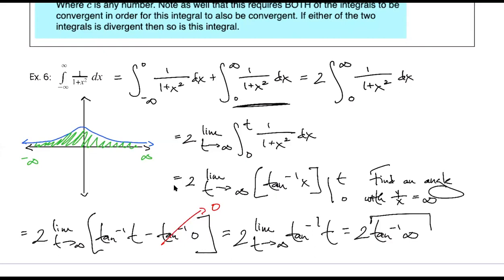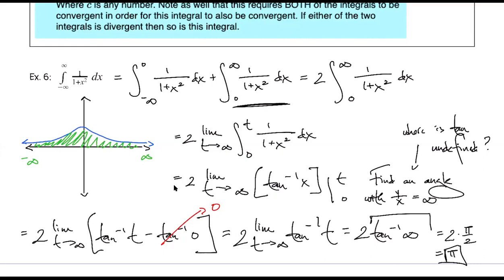So maybe a better way to look at that is, where is tangent undefined? And tangent is undefined at pi over 2. And so this is going to give us 2 times pi over 2, or a final answer of pi.